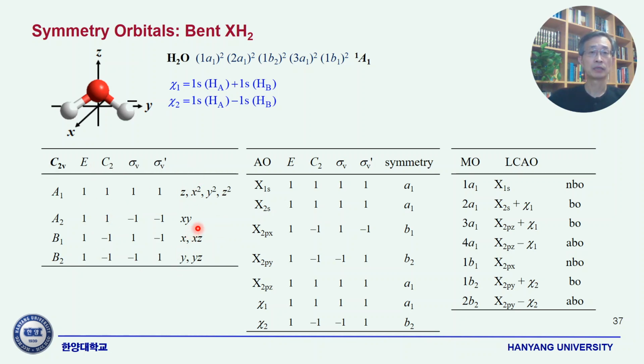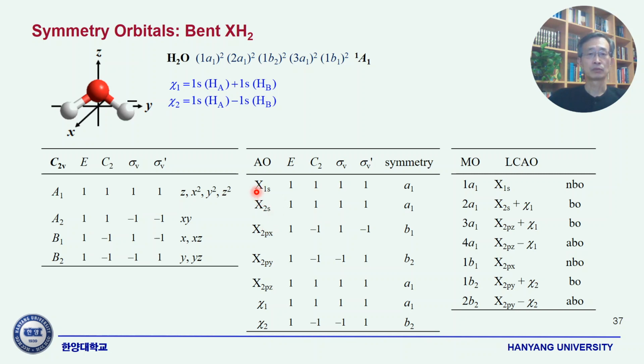One more thing here: for the central oxygen atom, there are orbitals like the 1s orbital, 2s orbital, 2px, 2py, 2pz orbitals, all occupied or more or less occupied. It has 8 electrons, so the orbitals are occupied, or a combination of them is occupied.